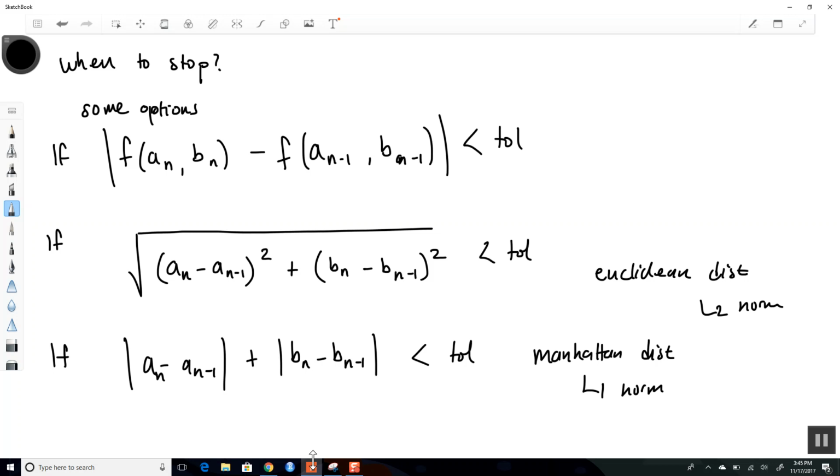Coordinate descent should get you to a local min or a local max, but knowing if the local min or max is the same as the global min or max, that's a very, very challenging problem that we don't have good answers for.